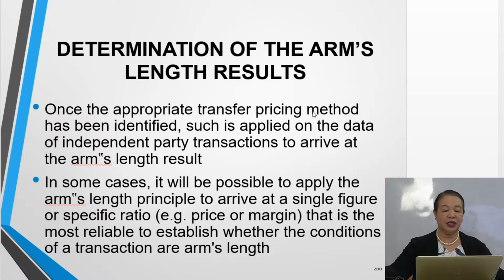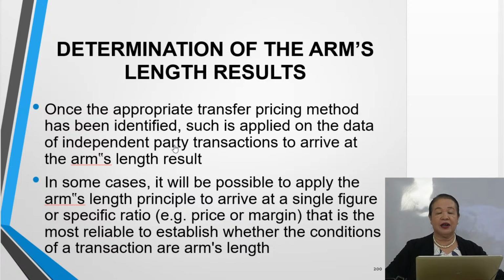So, we want to determine the arm's length result. What is the arm's length result? It is the result where the transactions are the same, the related party and the independent party. Why? We want them to be the same so that we can know the true pricing of commercial or financial transactions. It says here, once the appropriate transfer pricing method has been identified, it is applied on the data of independent party transactions to arrive at the arm's length result.